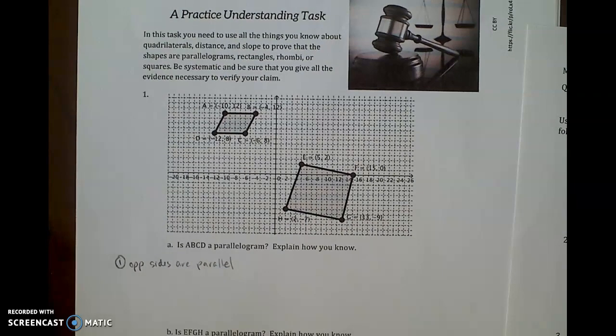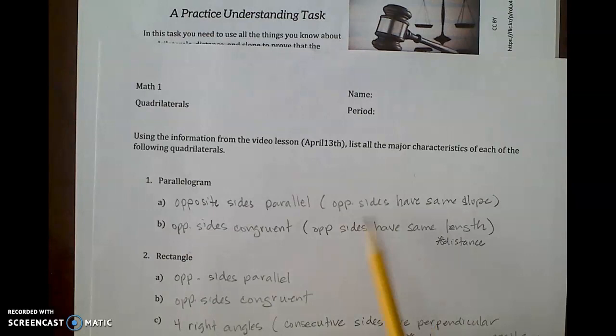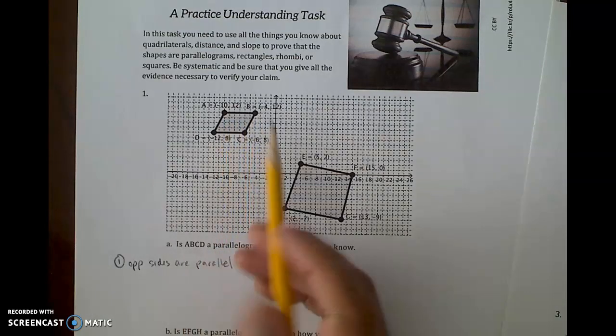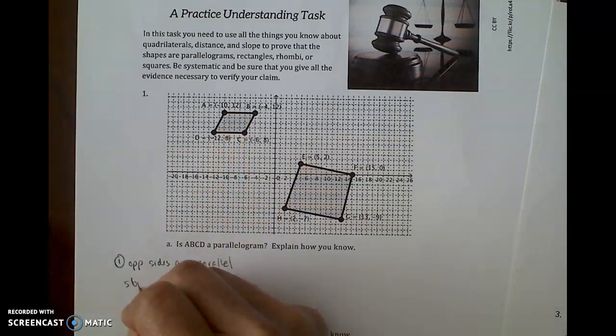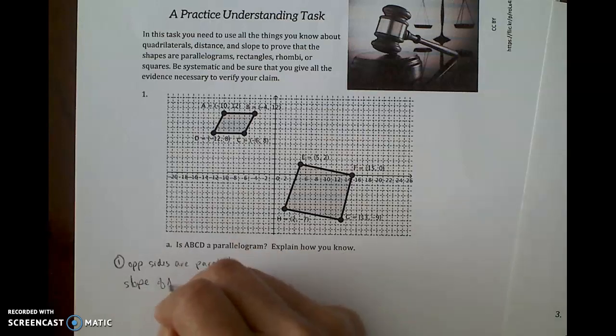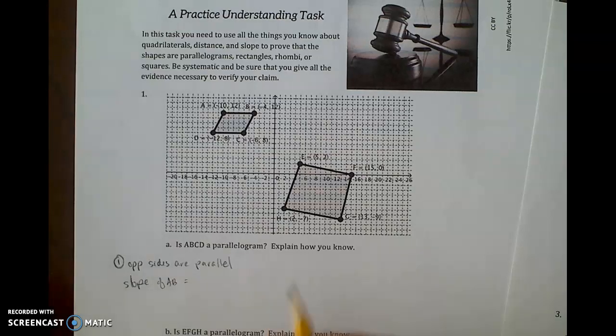To prove the opposite sides are parallel, the opposite sides have to have the same slope. So we need to find the slope of side AB. We're going to use our lesson from yesterday.